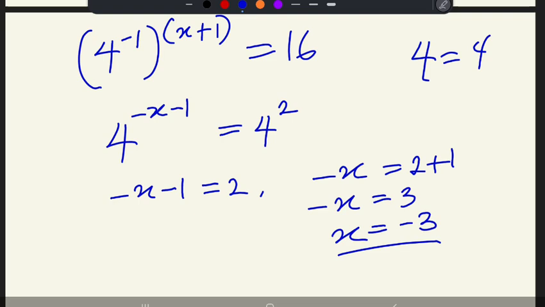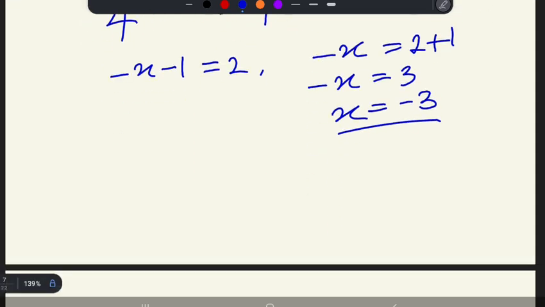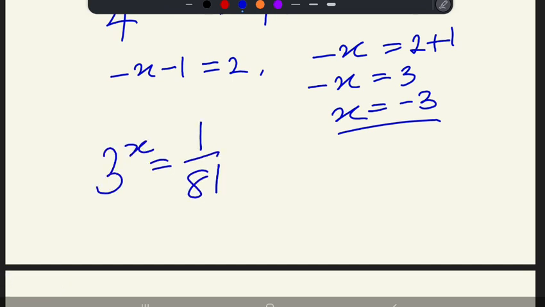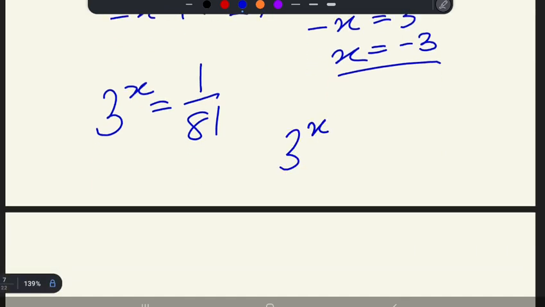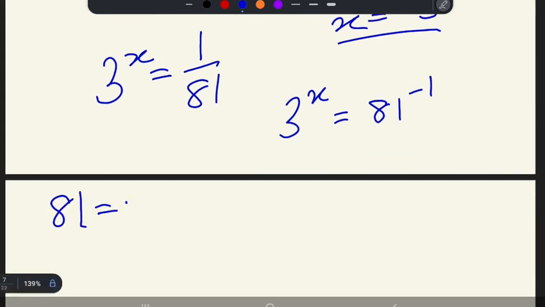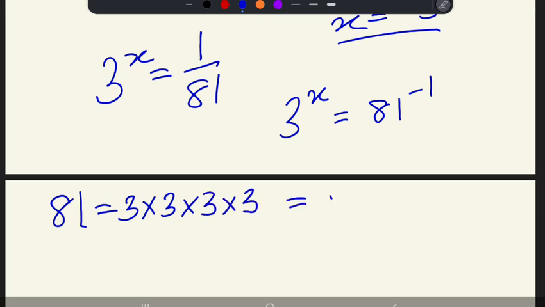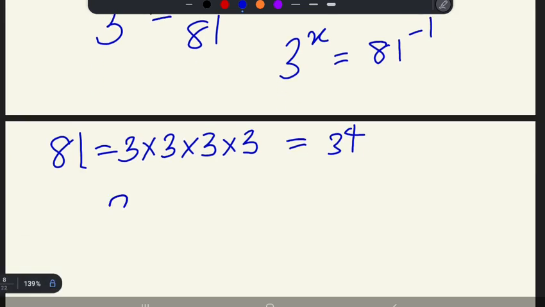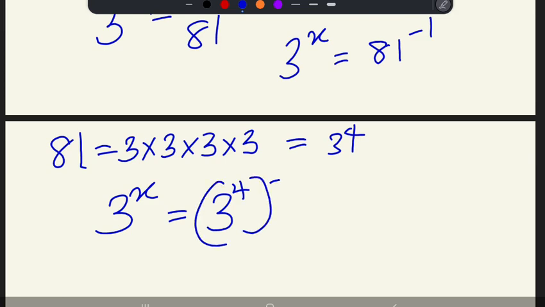And let me solve a question for the last time under the equalities of indices. 3 raised to power x is equal to 1 over 81. So you can go further: 3 raised to power x is equal to 81 raised to power minus 1. And you are able to realize that 81 is 3 times 3 times 3 times 3, which is 3 raised to power 4. So we have 3 raised to power x is equal to 3 raised to power 4, all raised to power minus 1.